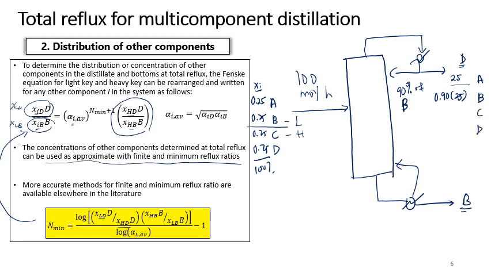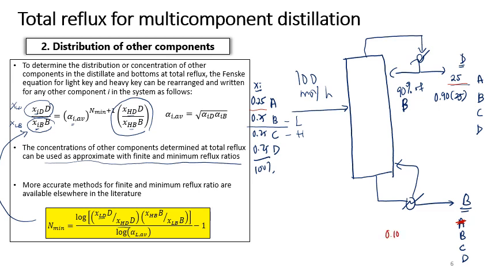And then at the bottom product, you have also A, B, C, D. Okay, let's remove the A because we have assumed that A is 100% recovered in the top. So 25 more coming in, 25 more coming out at the top product. So there is no A in the bottom product. However, if you have 90% of B in the top product, then 10% of B must be appearing at the bottom product.